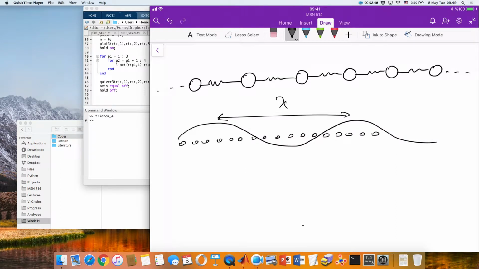Here I have drawn this wave on top of this chain, but what it really means is that, for example, if we are talking about a 1D chain, at that particular moment the displacements can be drawn as the following.